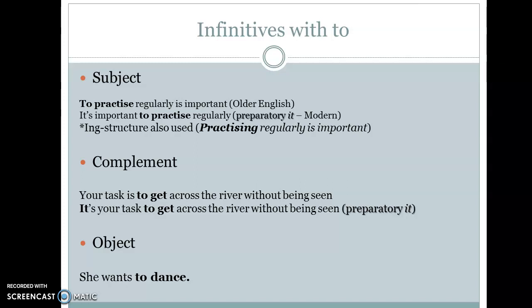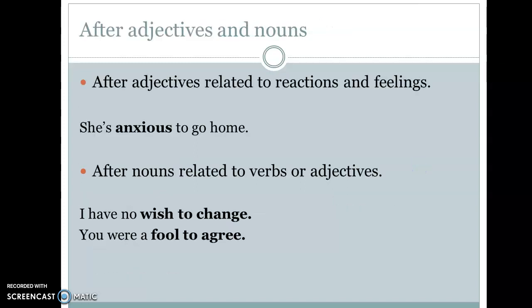We can also use infinitives with to as a complement of the verb to be. Your task is to get across the river, or it's your task to get across the river, with preparatory it. We also use this non-finite form after adjectives and nouns, after adjectives related to reactions and feelings, or after nouns related to verbs or adjectives.